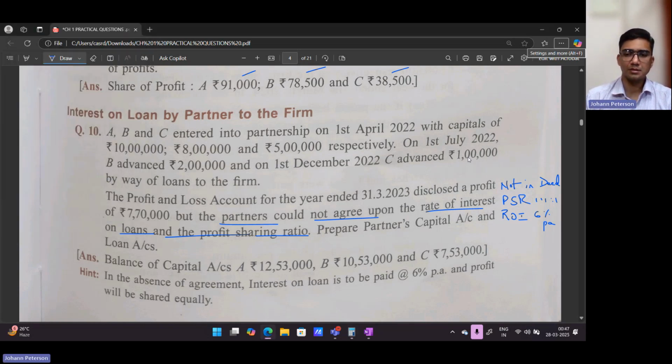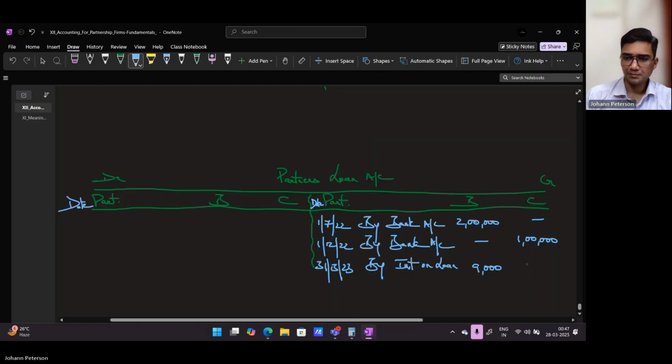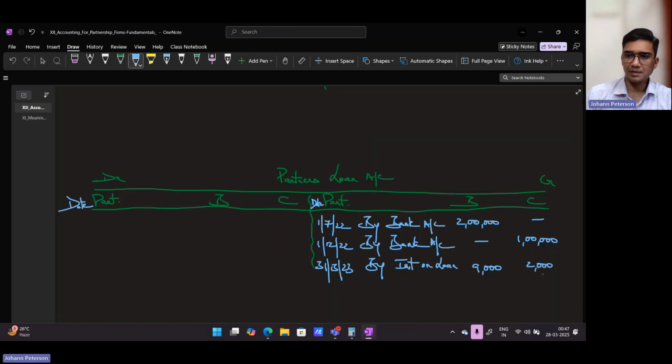This is 2,000, right? Yeah, it should be 2,000. So 2,000 would be the interest on this other person's loan. And this is written on the credit side, as we know, because it is increasing the liability.